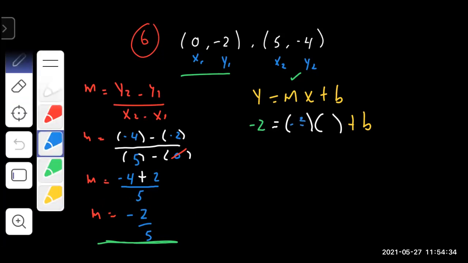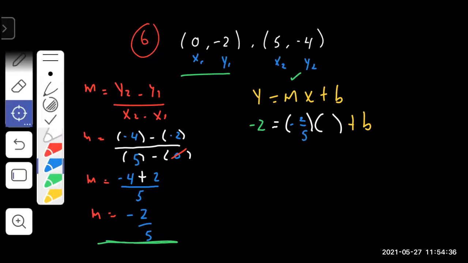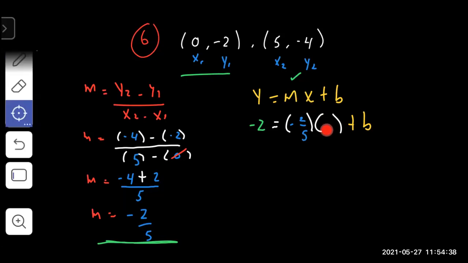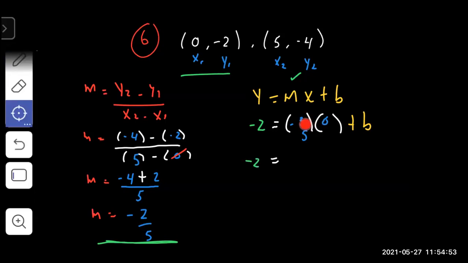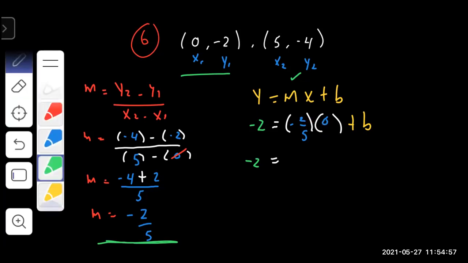And what is x in the first point? 0. Guys, now do you understand why I took that one? Because it's a little number. Negative 2 over 5 multiplying 0, guys, is what?